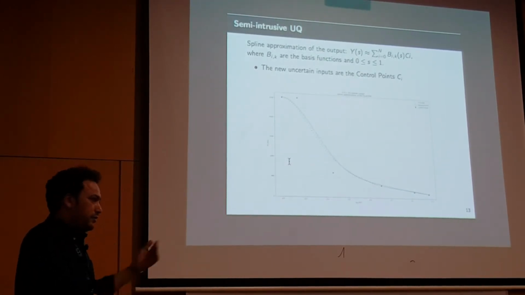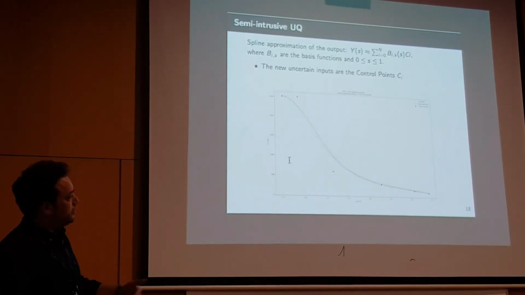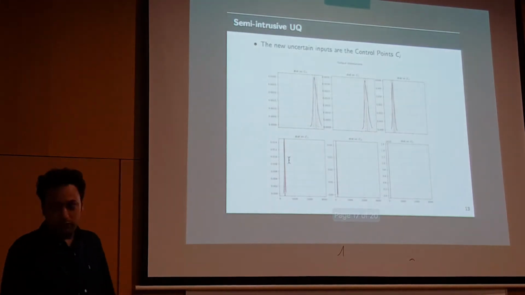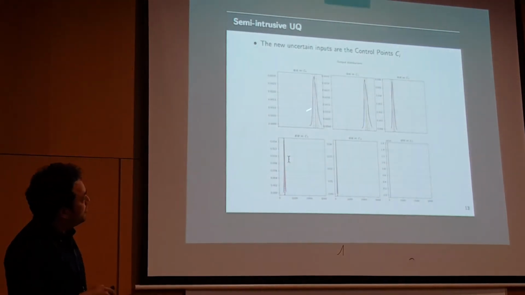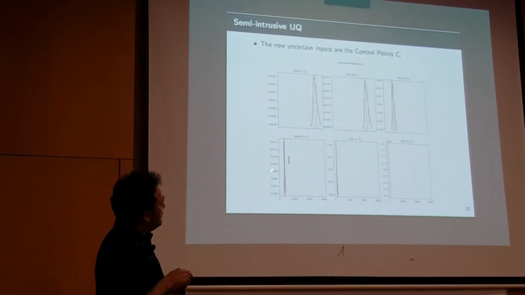And we will use decorrelation and the Rosenblatt transformation, and we will compute the new distribution for each control point.